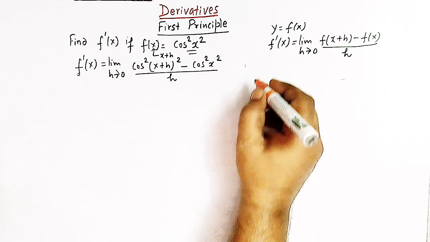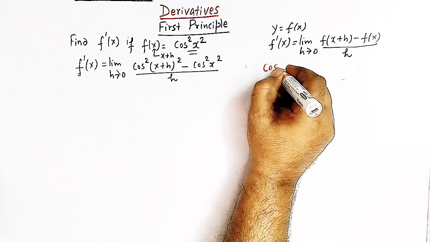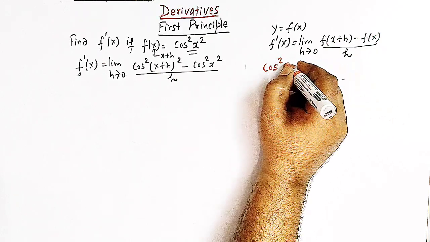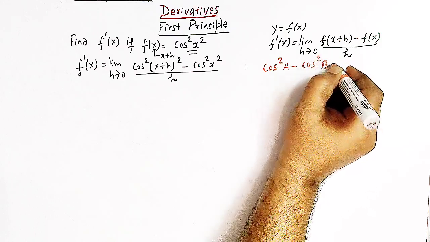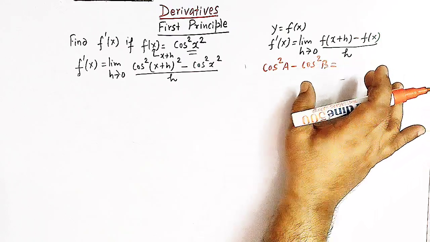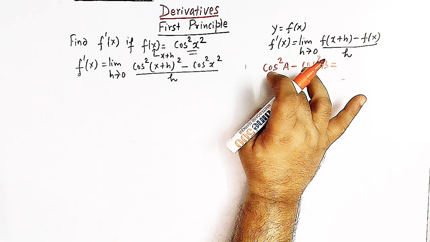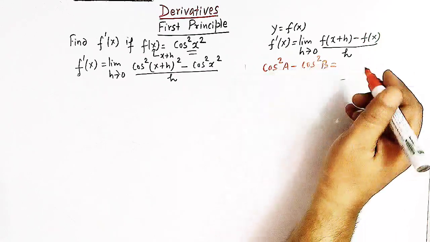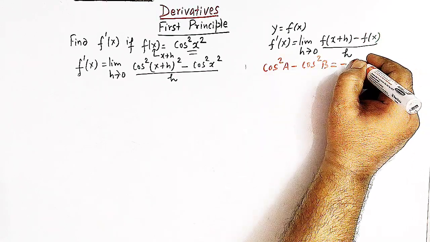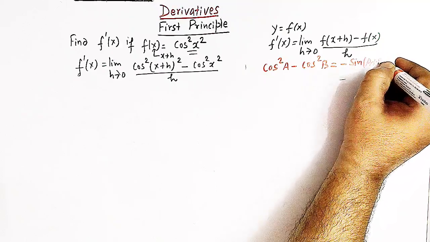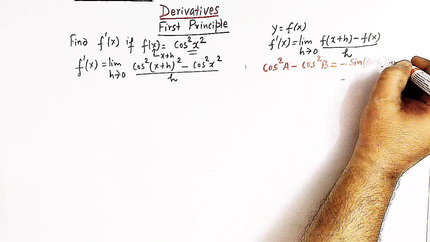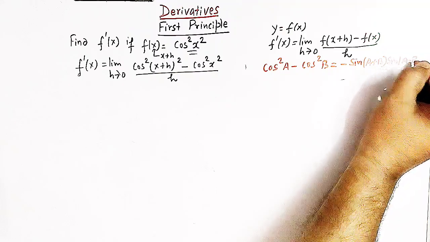So from trigonometry, we know that if we have, say, cos square a minus cos square b, then we have the expression for the difference of these two terms as negative, and here we have sine a plus b times sine of a minus b, right?